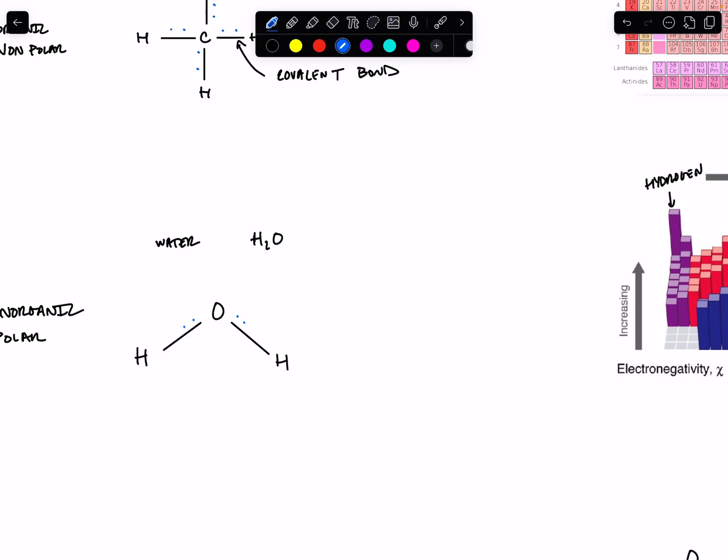So the electrons that this covalent bond represents end up spending a lot more time closer to the oxygen than they do to the hydrogens. So oxygen ends up with a slightly, this is a delta, a scientific shorthand, and it means slightly. Oxygen ends up with a slightly negative charge.